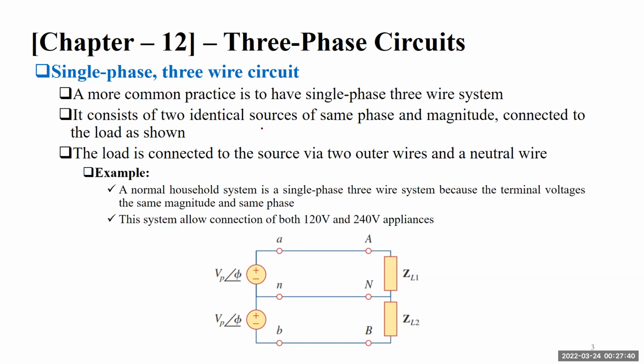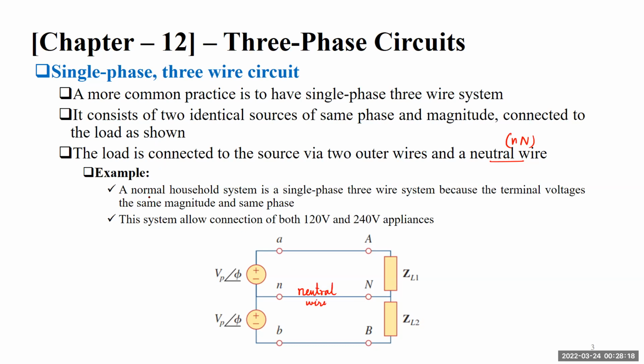It consists of two identical sources of the same phase and magnitude connected to a load as shown. It's just like having two identical single-phase networks connected to a single neutral line. The load is connected to the source via two outer wires and a neutral wire. So this is our neutral wire, from N to N dash.